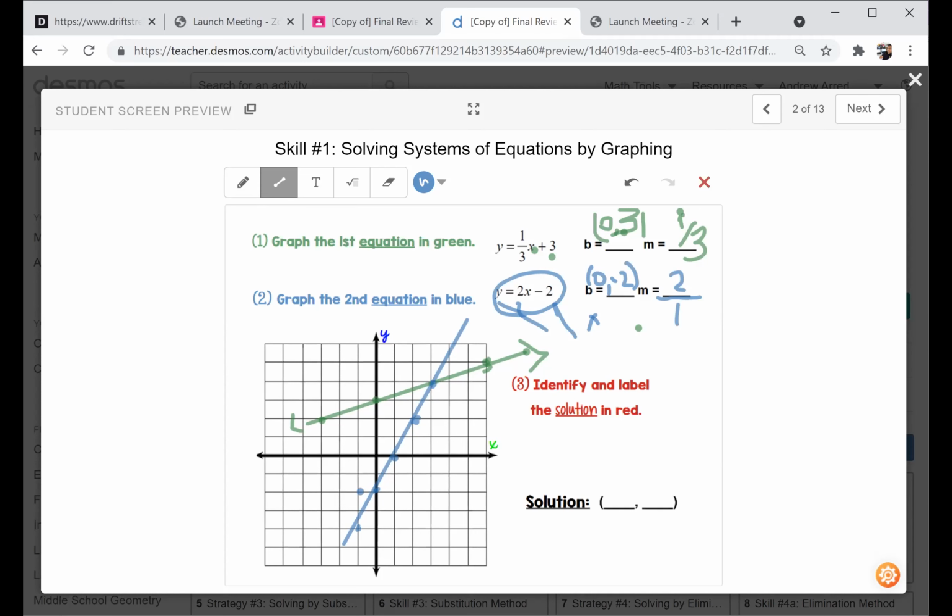I just had my point of intersection. So now I better turn things red. You guys, what's the answer? It looks like they are crossing perfectly. Wonderful. It is over 3, I believe, up 4. 1, 2, 3. 1, 2, 3, 4.